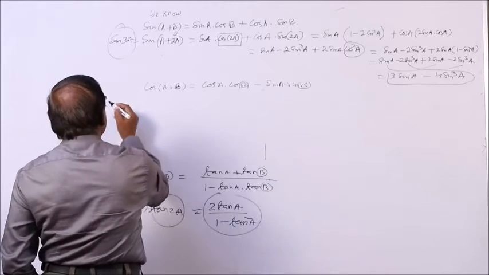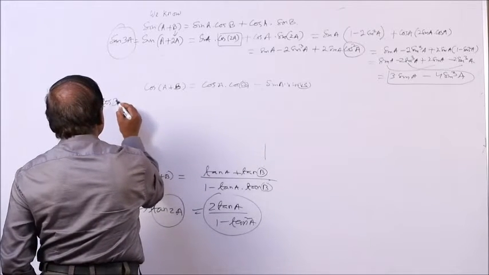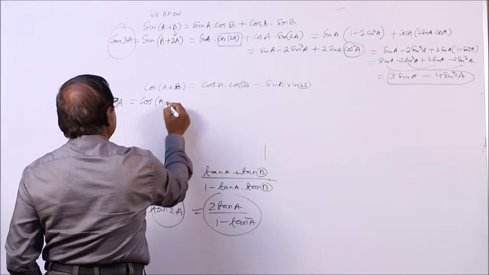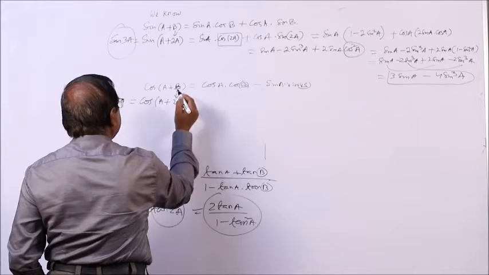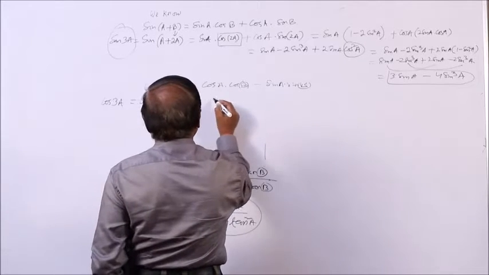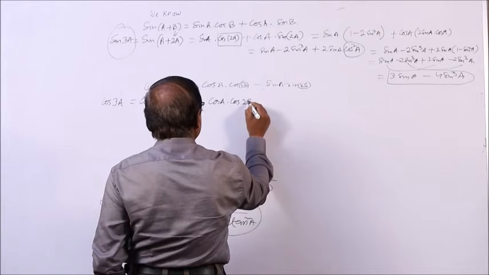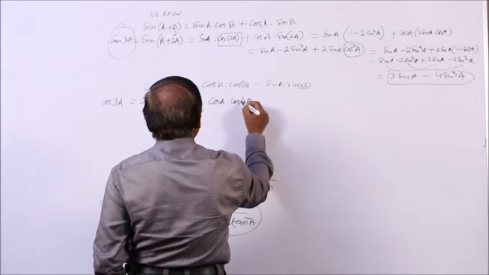Yes, cos A, we are interested to find cos 3A. So, what is this? This is cos (A plus 2A). In place of B, you here write this cos A into cos B. Yes. What is that?